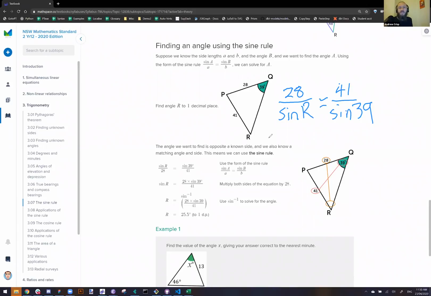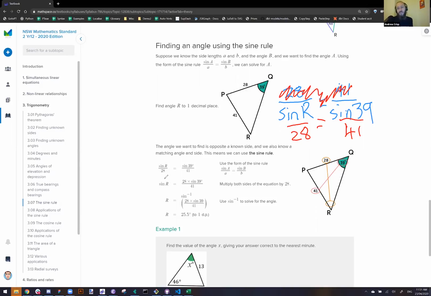So I'm just going to flip it over, sine R on 28, sine 39 on 41, and then just get rid of this. There we go. I flipped it upside down. So at the very least now, the thing that I'm looking for, this R, is on the numerator and not the denominator. And that's what's happened over here.